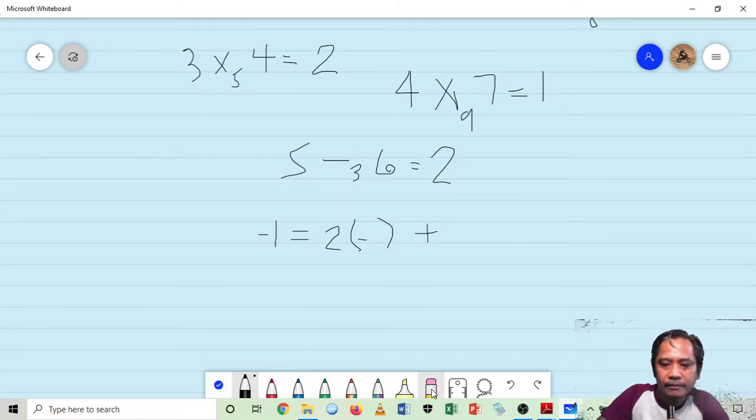If we divide negative 1 by 3 so that the remainder is not negative, you have to express negative 1 as 3 times something plus a non-negative integer.